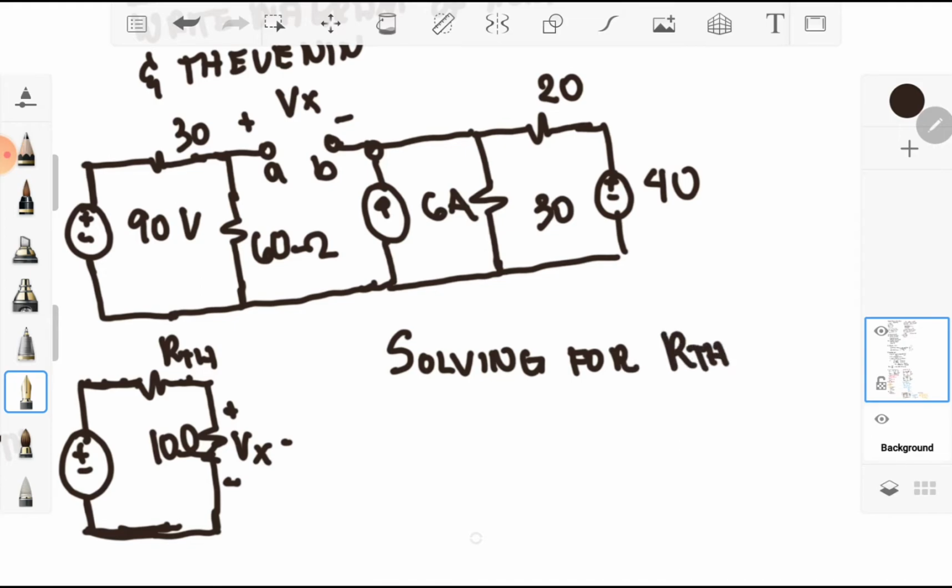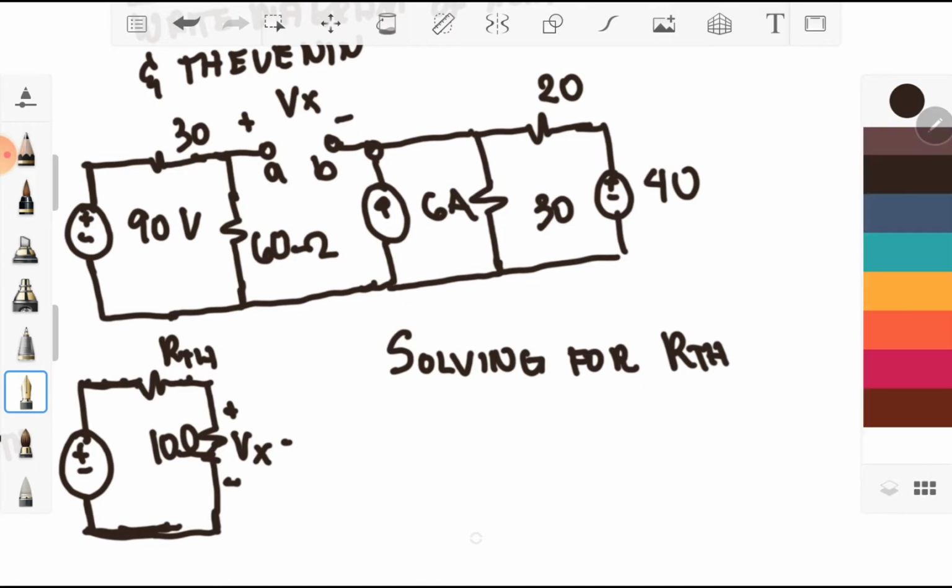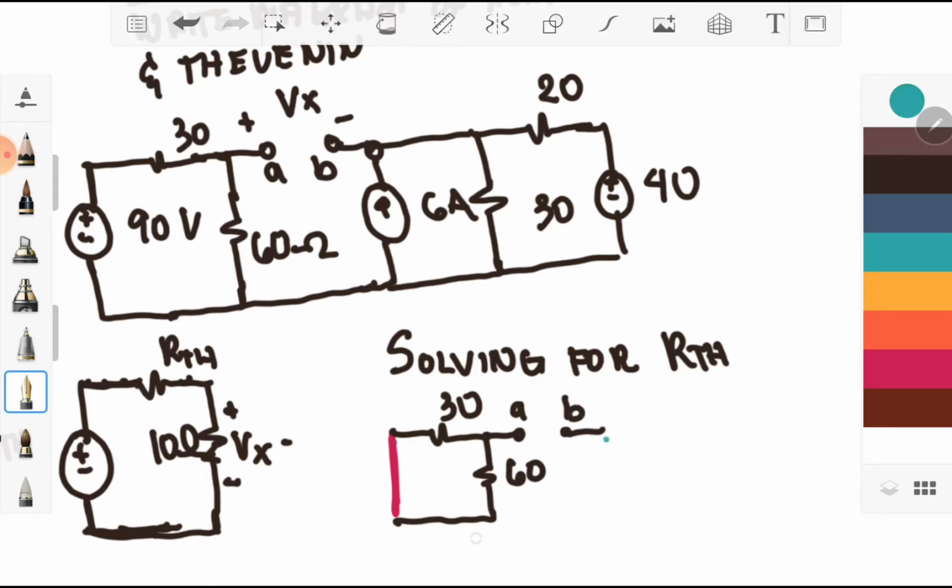so we will have a circuit diagram equal to a shorted 90 volt source, a 30 ohm resistor, another 60 ohm resistor, and then your AB, and an open 6 ampere current source.